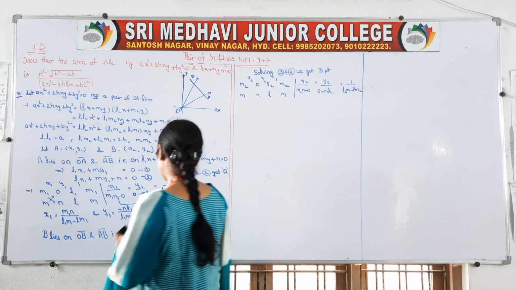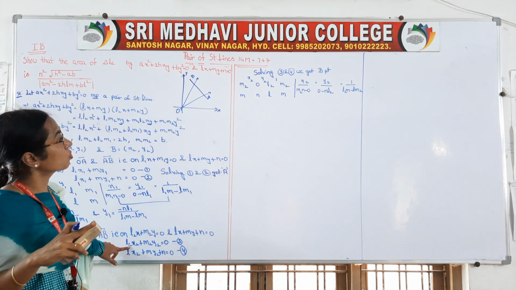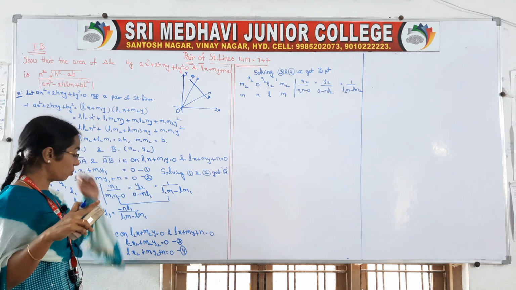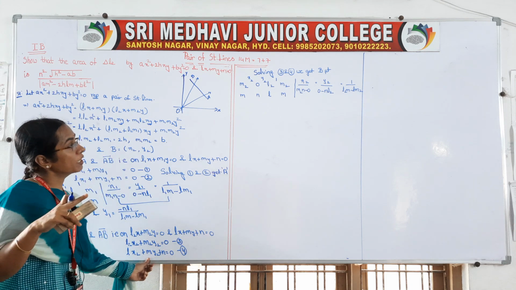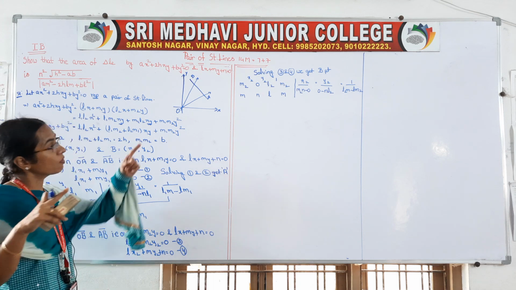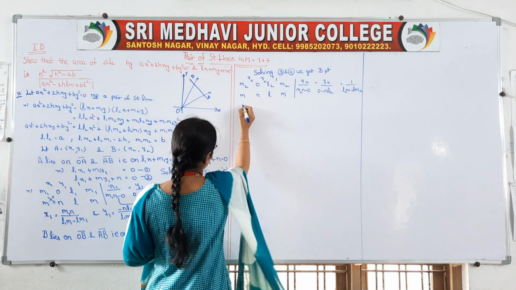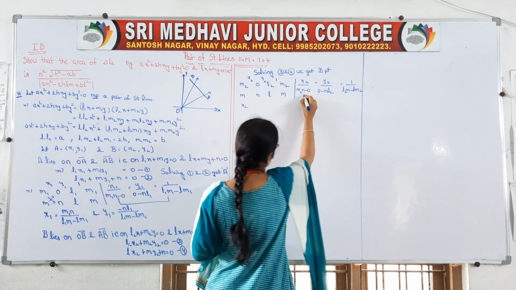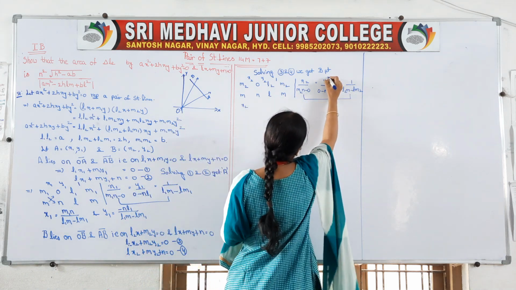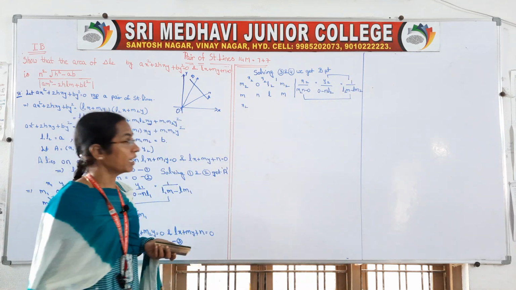How we have to take? y2 coefficient, constant coefficient, x2 coefficient, again y2 coefficient. Same thing here, y2 coefficient, constant, x2 coefficient, y2 coefficient. Okay, so then your x2 will be same thing. Once you take these two and once you take these two, you will get your x2 and y2.